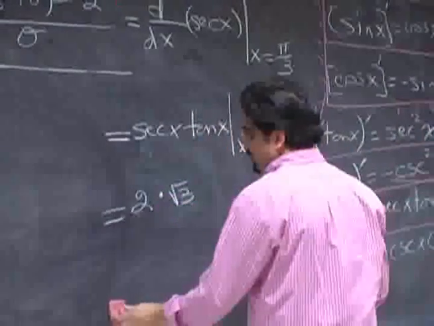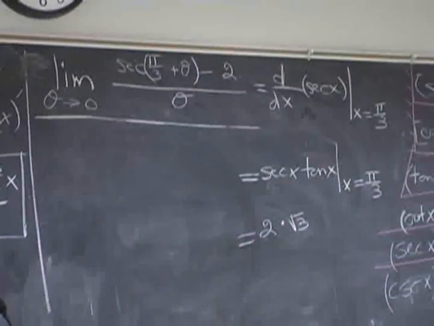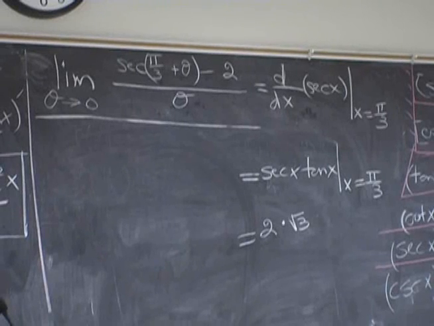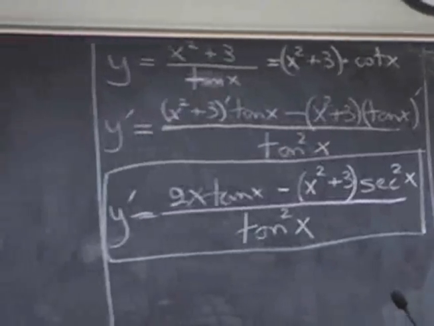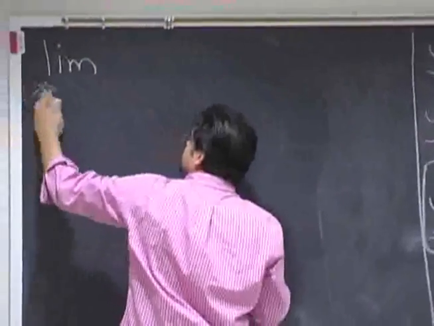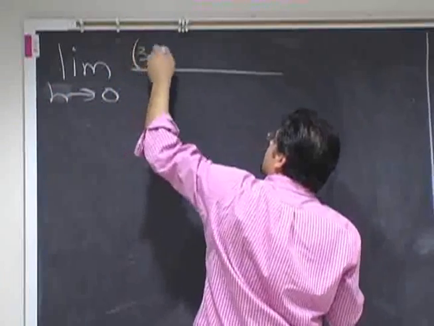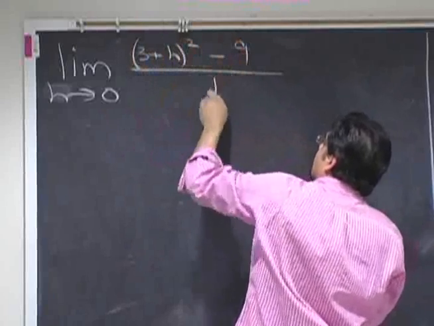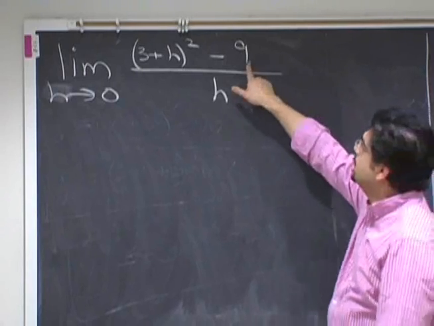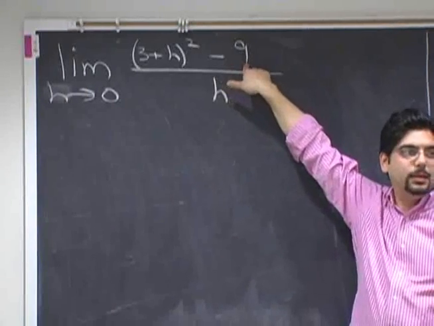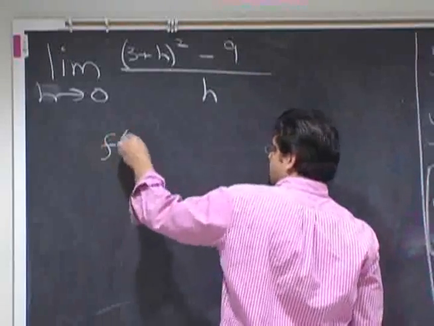Because if I write something like this, then it's pretty clear that this is 3 squared, right? Yeah. So what is the function here whose derivative we're interested in?